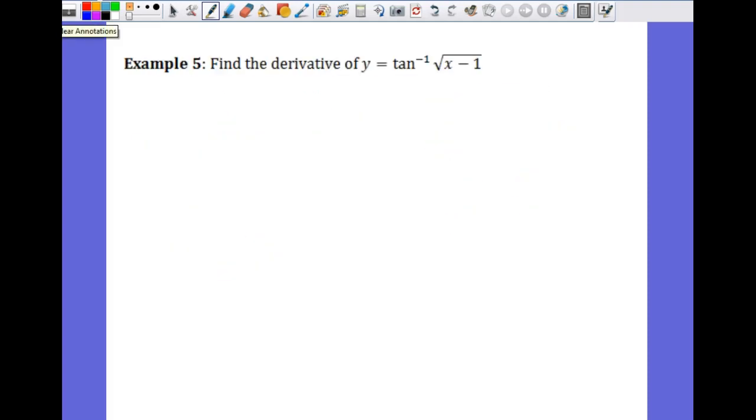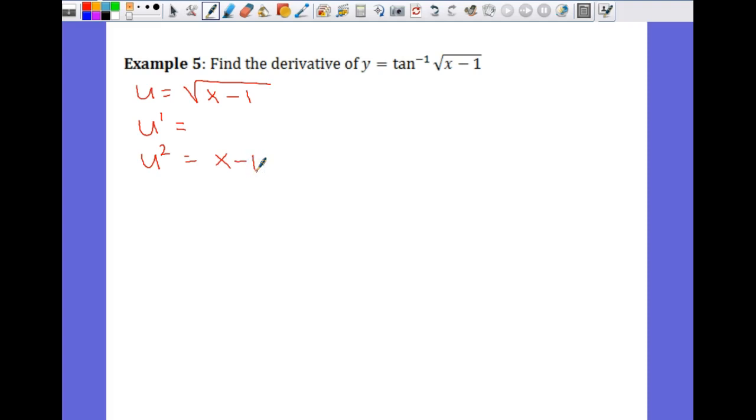The u is the angle. In this case, u equals the square root of x minus 1. You need to know two things: u squared and u prime. The u squared is relatively easy, because the squaring of a square root just cancels, so u squared is x minus 1.